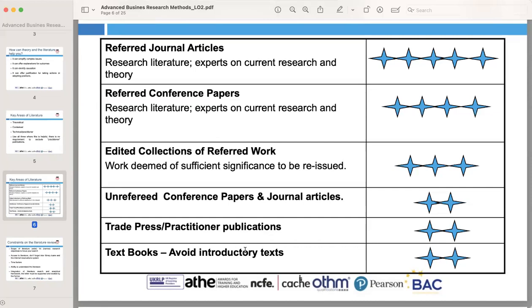So while introductory books are excluded, more advanced textbooks are valuable sources for in-depth understanding of theories, concepts, and methodology. They often synthesize existing research and provide broader perspectives on a subject area.